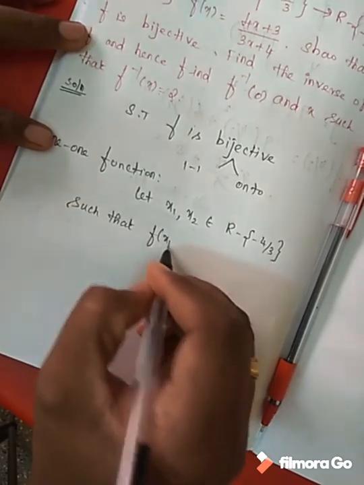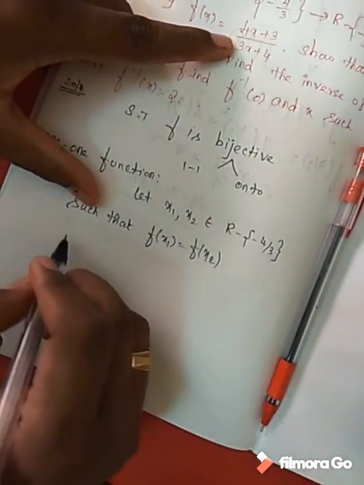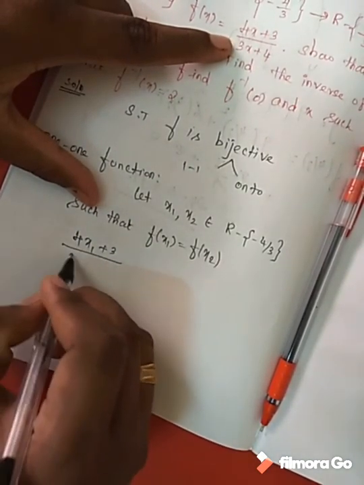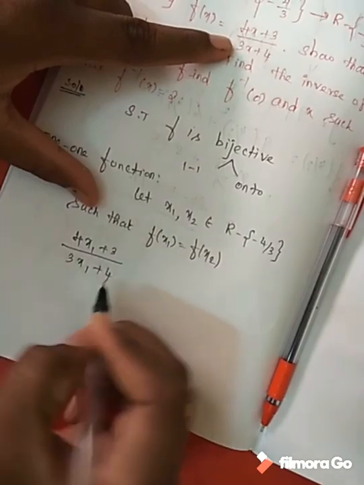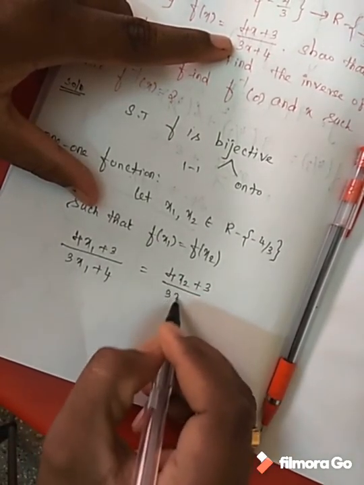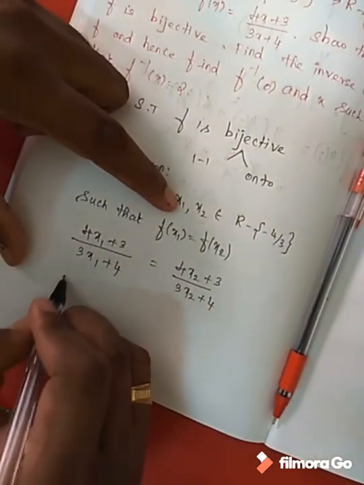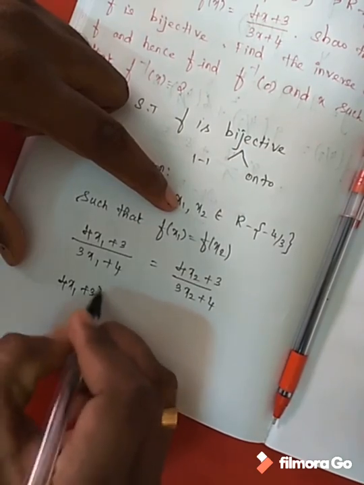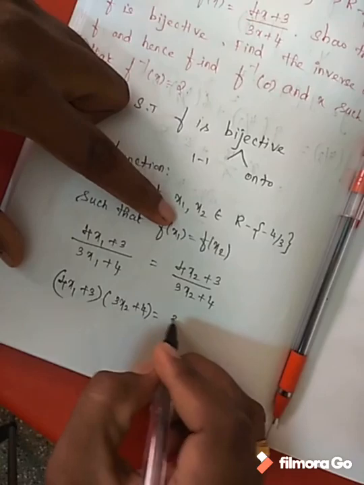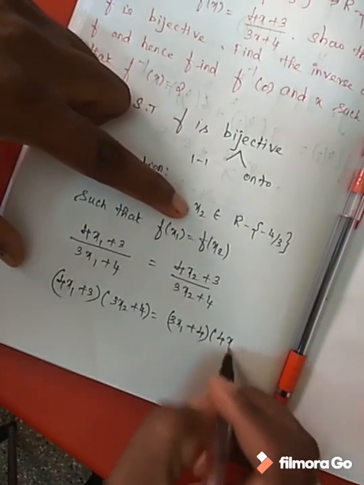So x1, x2 belong to the domain such that f of x1 is equal to f of x2, right? So f of x is given as, I can substitute, (4x1 plus 3) divided by (3x1 plus 4) is equal to (4x2 plus 3) divided by (3x2 plus 4). If I do cross multiplication, (4x1 plus 3) into (3x2 plus 4) is equal to (3x1 plus 4) into (4x2 plus 3).